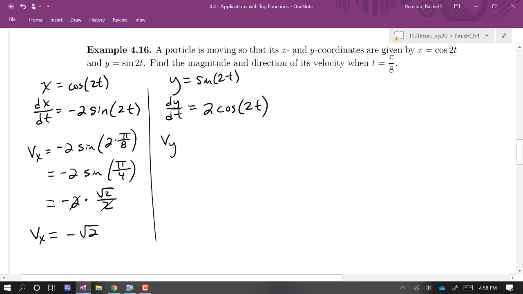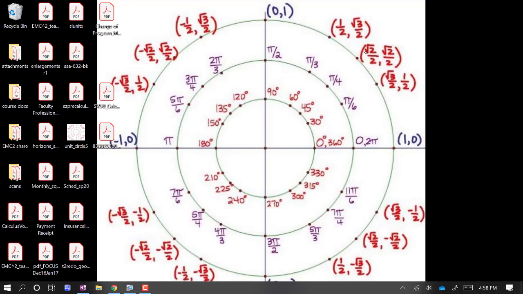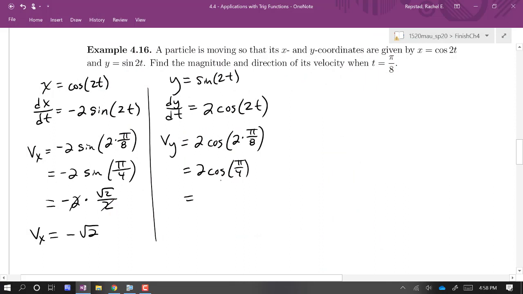This means now Vy is 2 times cosine of 2 times pi over 8, or 2 cosine pi over 4. And again, looking at the unit circle, at pi over 4, that's where sine and cosine are equal. So they're both root 2 over 2. Cancel those 2's. So Vy is the square root of 2.